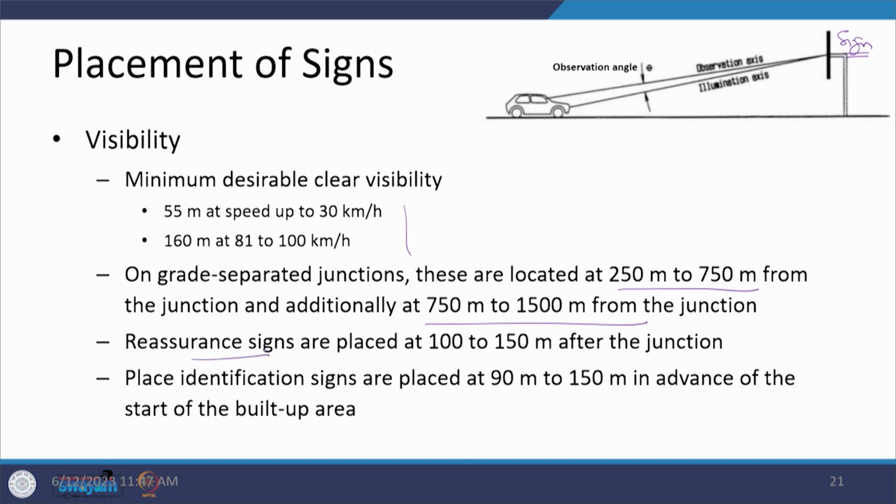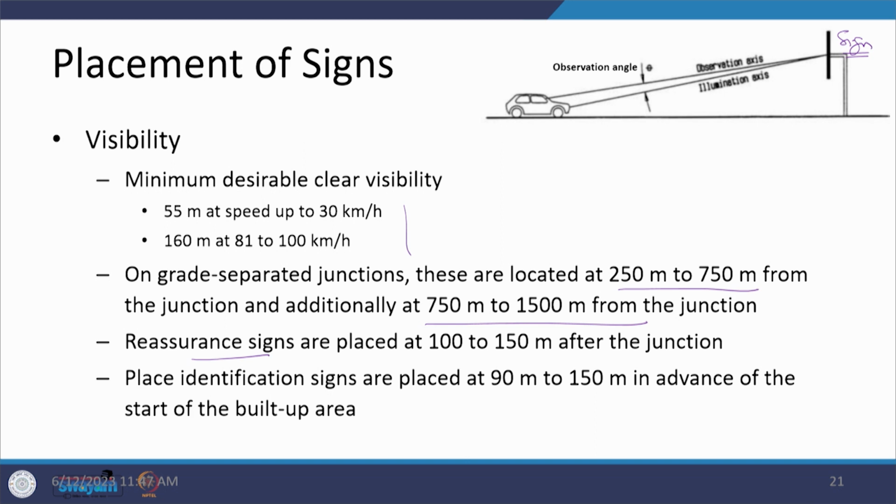There is also a reassurance sign. This reassurance sign is that you are on the same path, you are on the same route which you are taking up. So, you are moving on a national highway 58 and you have reached an intersection, you have crossed the intersection, and that intersection has multiple legs.